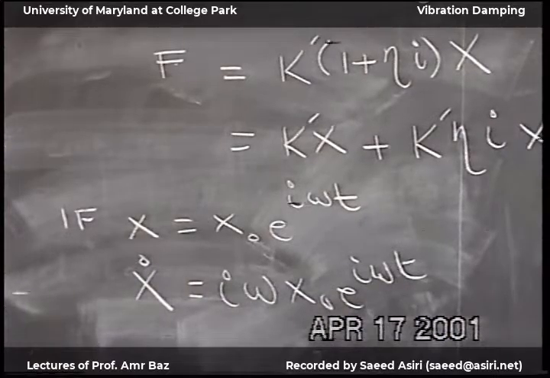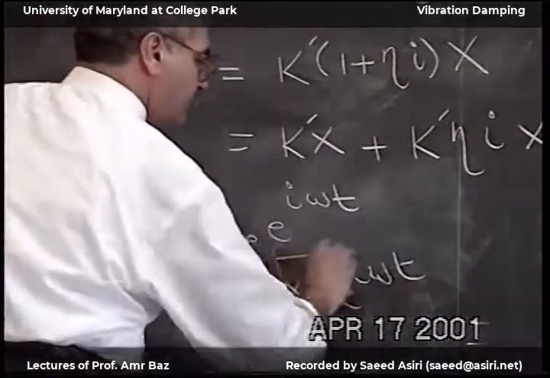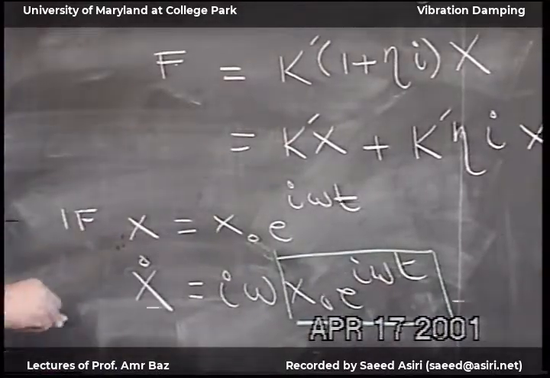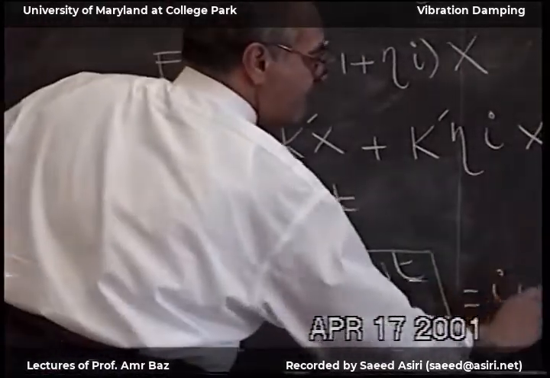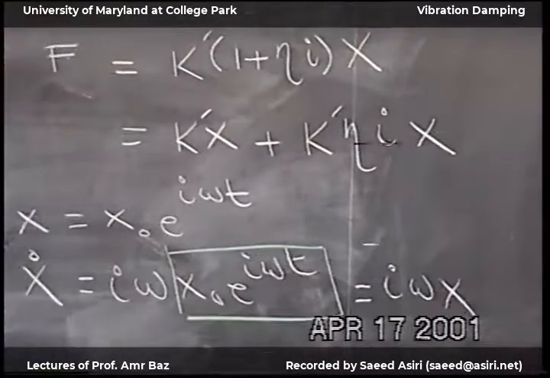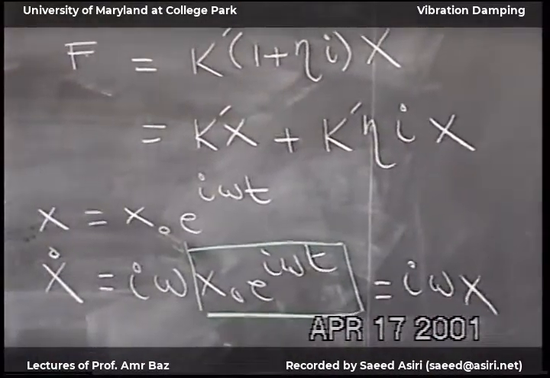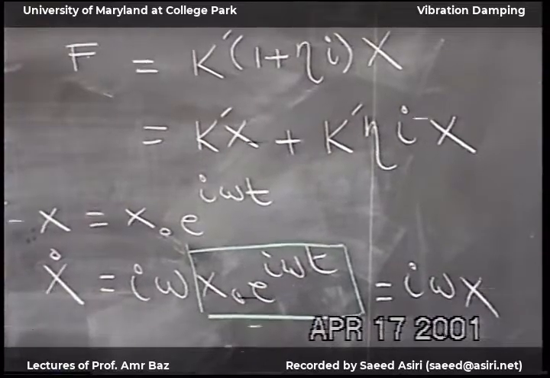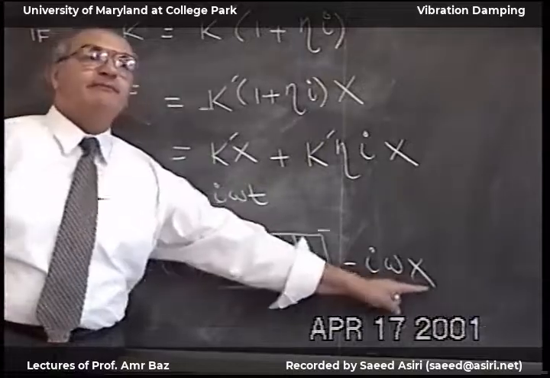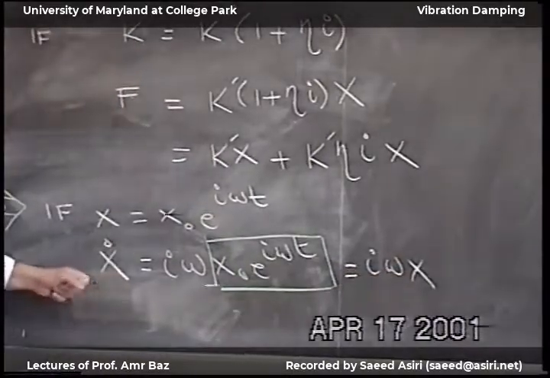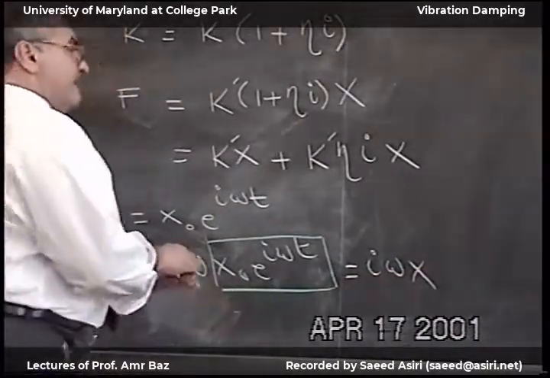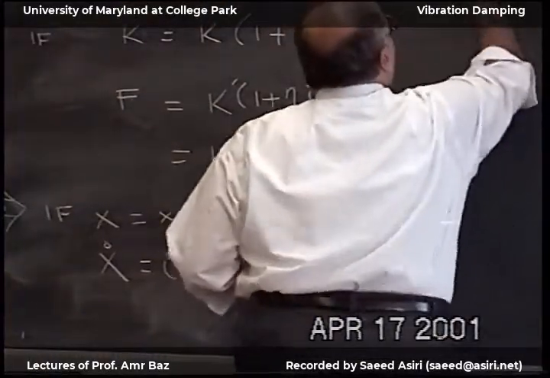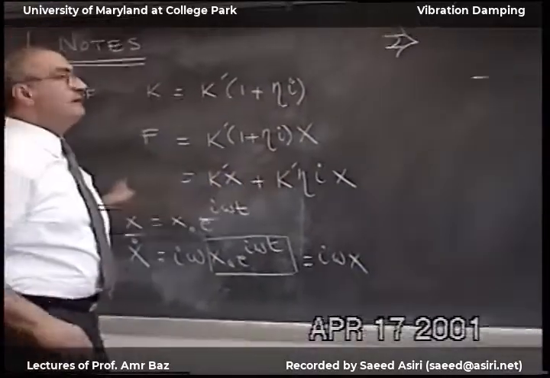And now this group of terms is nothing but the x. So for this case, I can replace i omega x by x dot. Now I can come here and write this equation again.